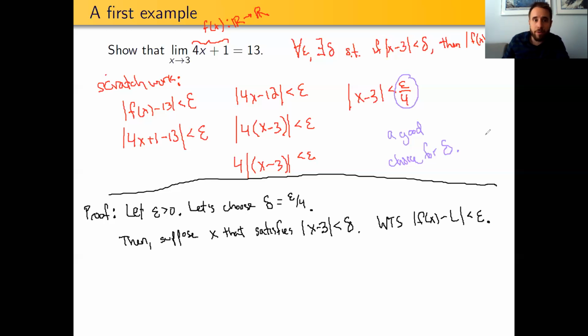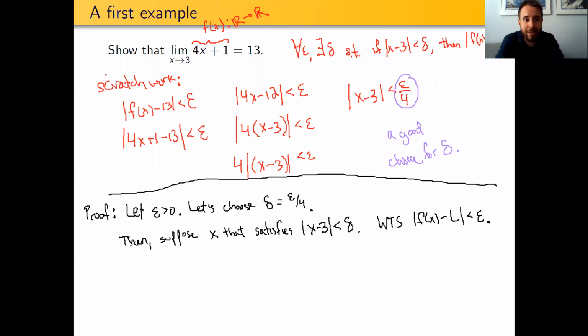And we'll fill in the rest. Before we do, I just want to say that at this point, all of our work is highlighted in our scratch work. We're starting at this point, and we're just going to zigzag back to that point there. But for the sake of creating a complete and correct proof, let's go ahead and write that out.